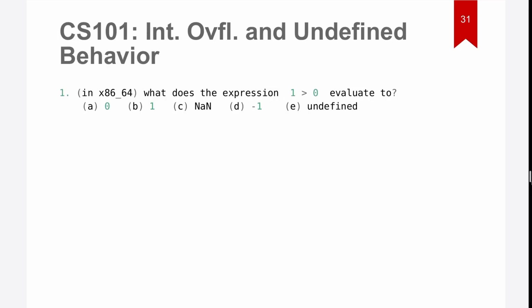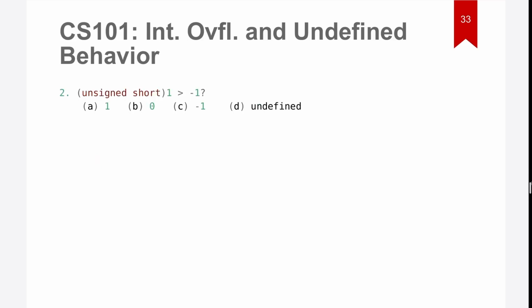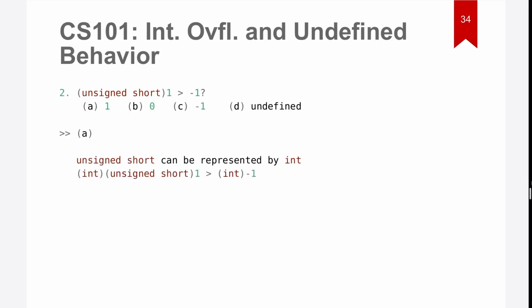So let's go through a couple of examples. 1 greater than 0: both of them get cast to integer, and as expected this is true, so we get 1 in x86. In this case, 1 greater than -1 cast to unsigned short.